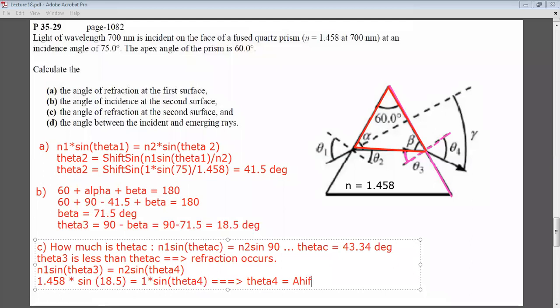We find that theta 4 is equal to the inverse sine of 1.458 times sine 18.5. Just a second.